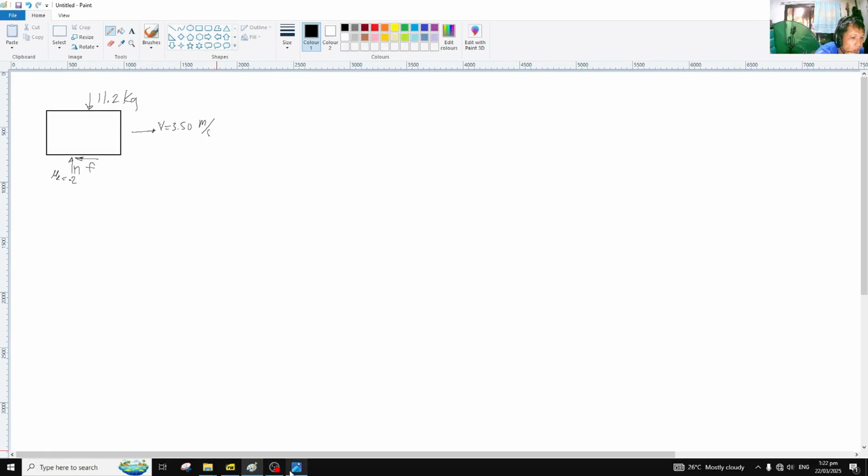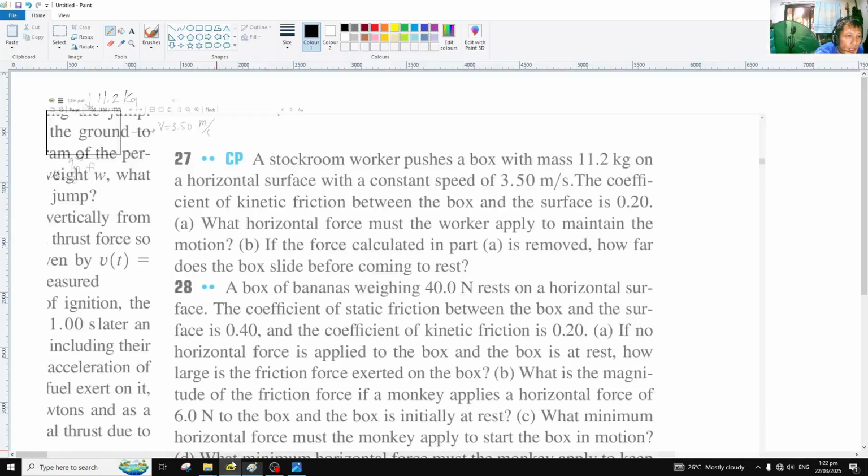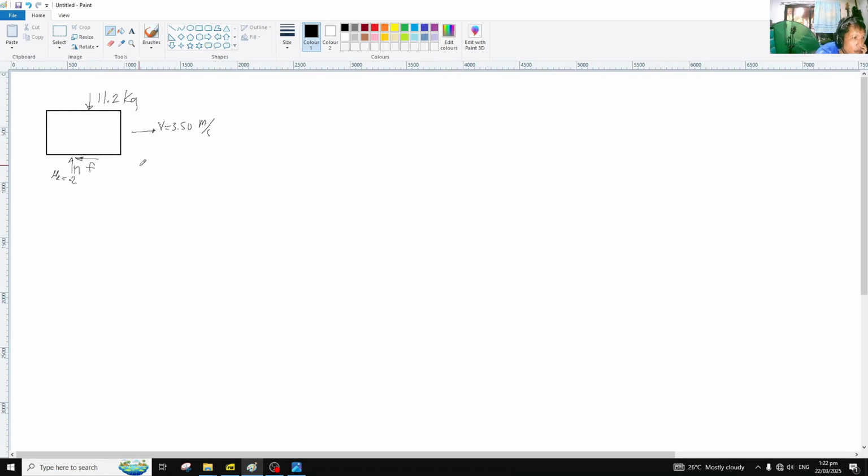What horizontal force? You will have a horizontal force to maintain this motion, so your force must be on this side.